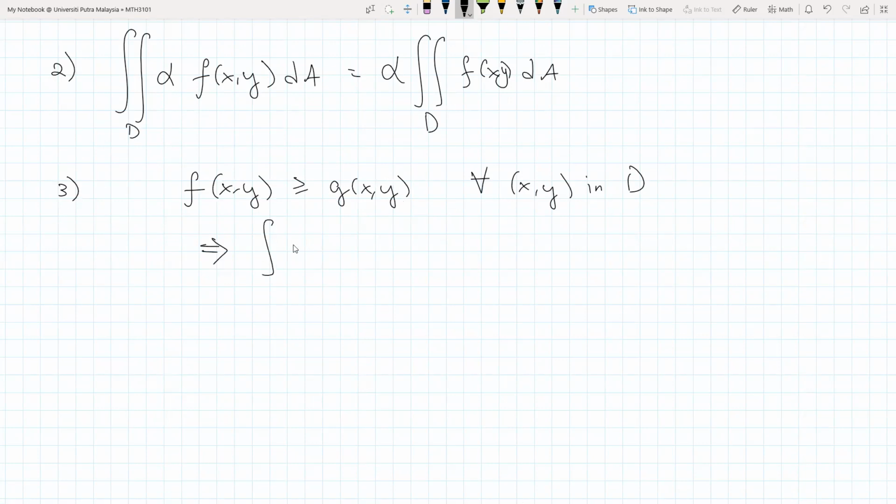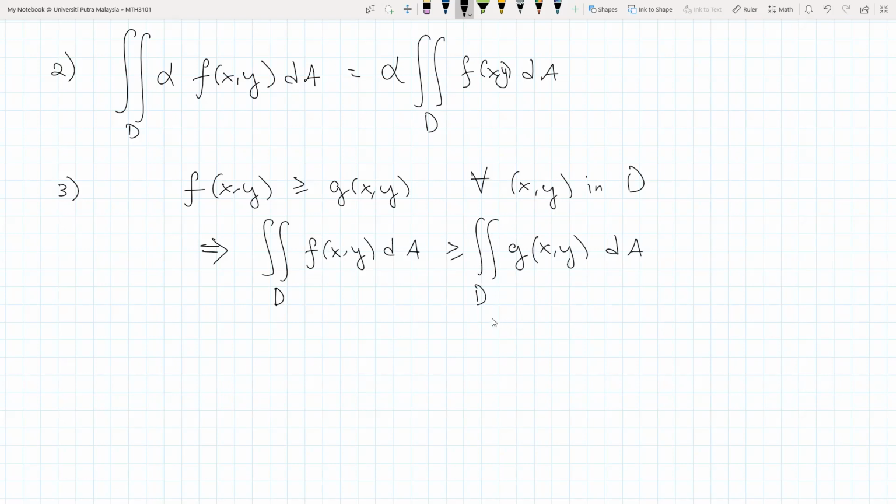Maksudnya if I have double integration of D on the first surface, this is also bigger than the double integration of gxy.